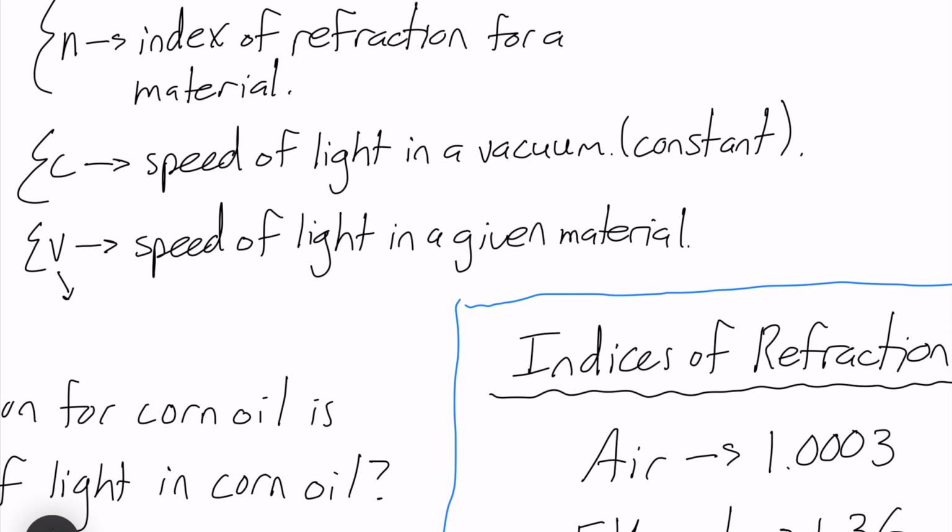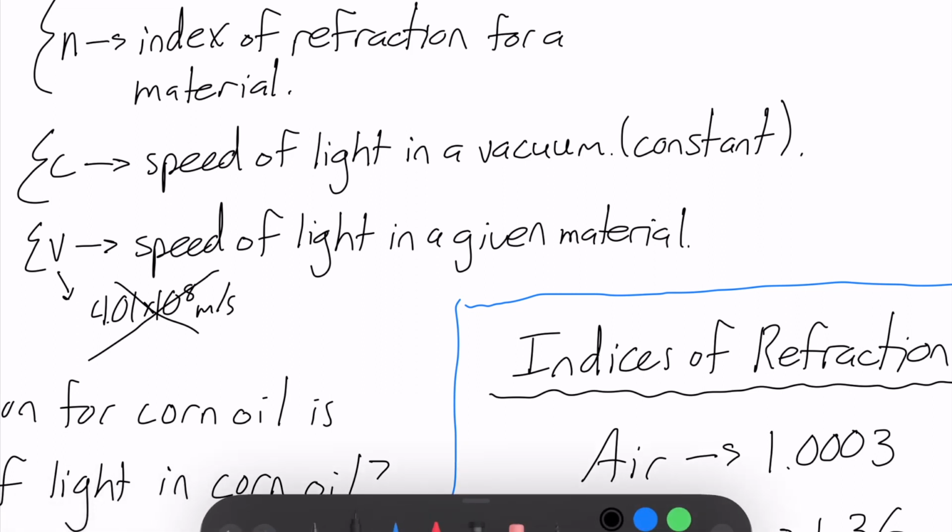So if you get, let's say, 4.01 times 10 to the 8 meters per second for a value for the speed of light in a given material, you need to redo that question as you did it incorrectly. I'm just going to erase that, then we can jump into a couple of examples here.